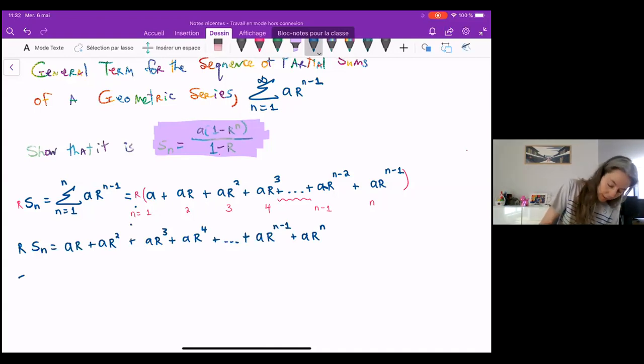So in other words, I'm going to do s sub n minus r s sub n.